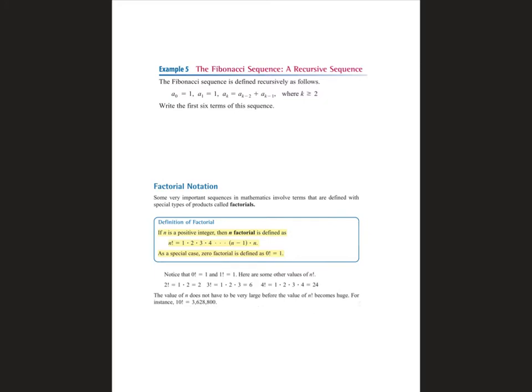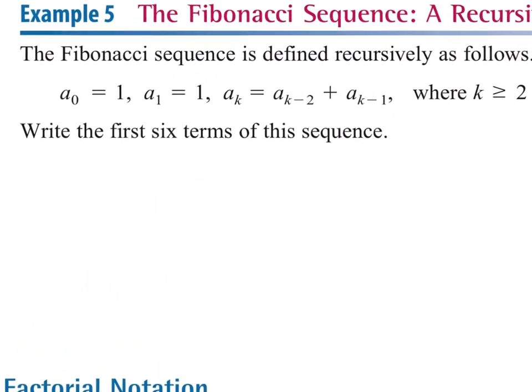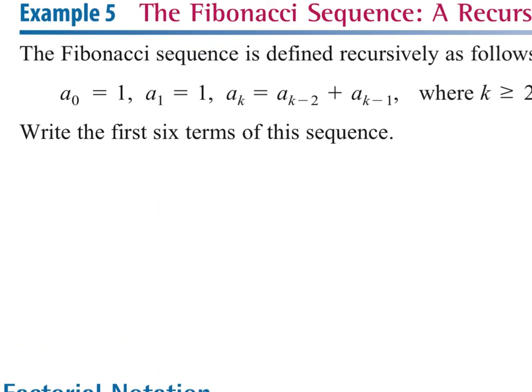All right, example 5, doing the same thing. It gives us a sub 0 is equal to 1, and a sub 1 is equal to 1. So to find a sub 2, we plug in 2 for k. So what's 2 minus 2?